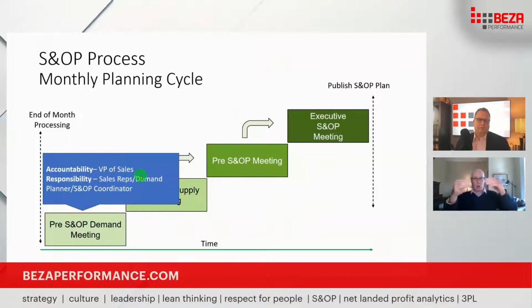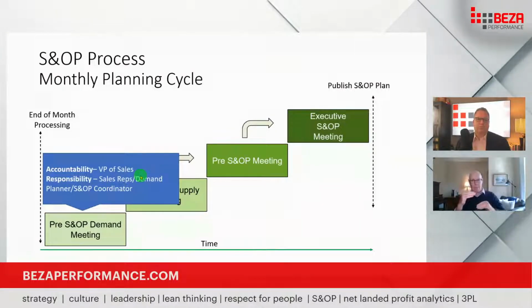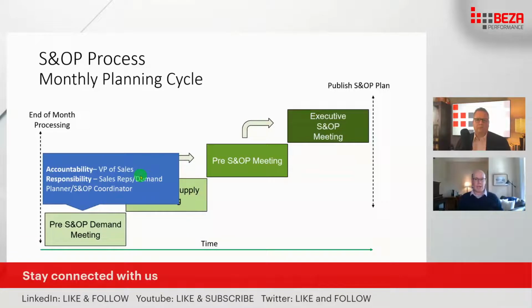In most cases you'll go a level down and say, well, by family, and you might even go a level below that by demand stream, who might be held accountable for those individual parts. But the accountability for developing an S&OP demand plan, the unconstrained demand plan, lies with your sales leader.